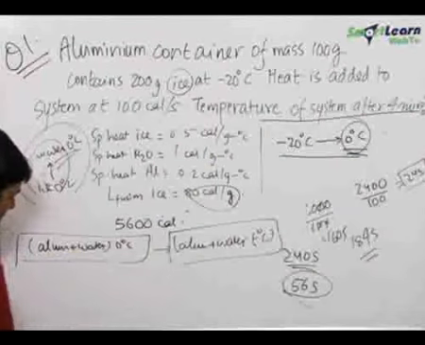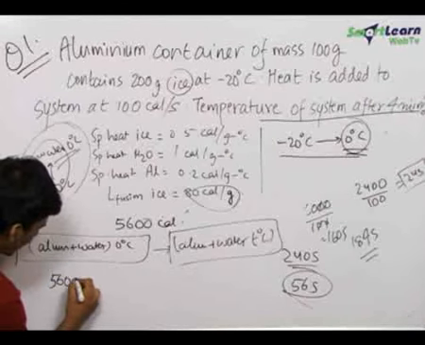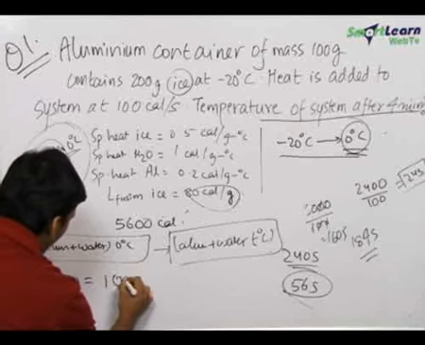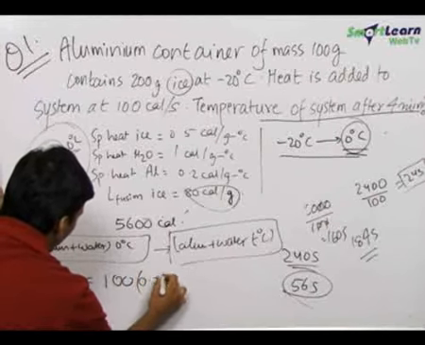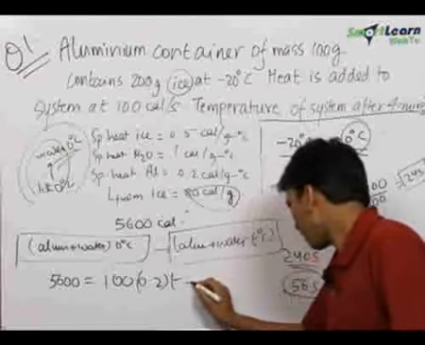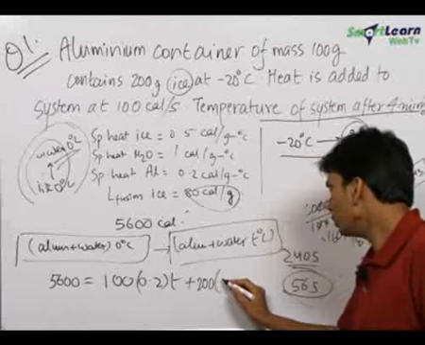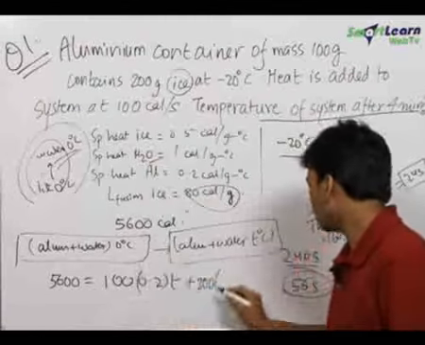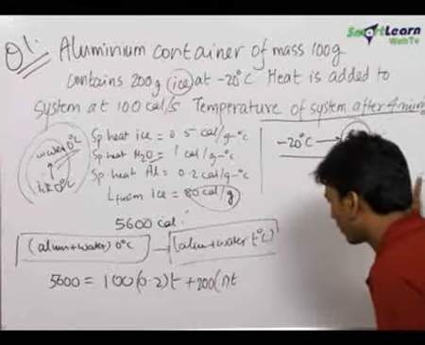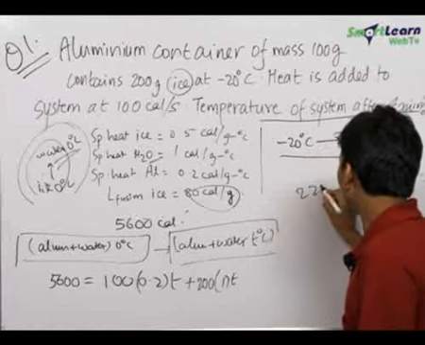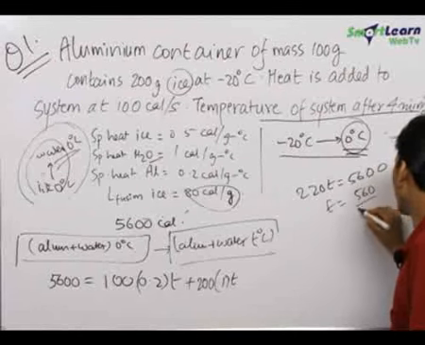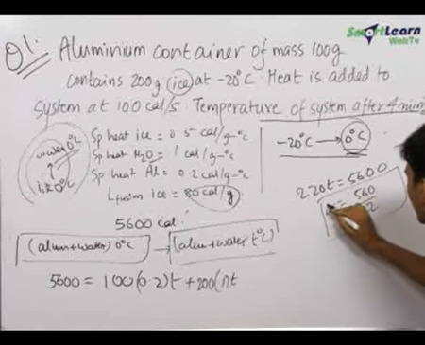So for applying this, what we do is that we equate 5600, that is the amount of heat given. This is required to change this from this to this. Therefore, this is equal to mass of aluminium into specific heat of aluminium, that is 0.2 into delta T, let that be T, plus 200 into specific heat of water now, into 1 into T. Therefore, on solving this equation, we get 220 T is equal to 5600, so T is equal to 560 upon 22.